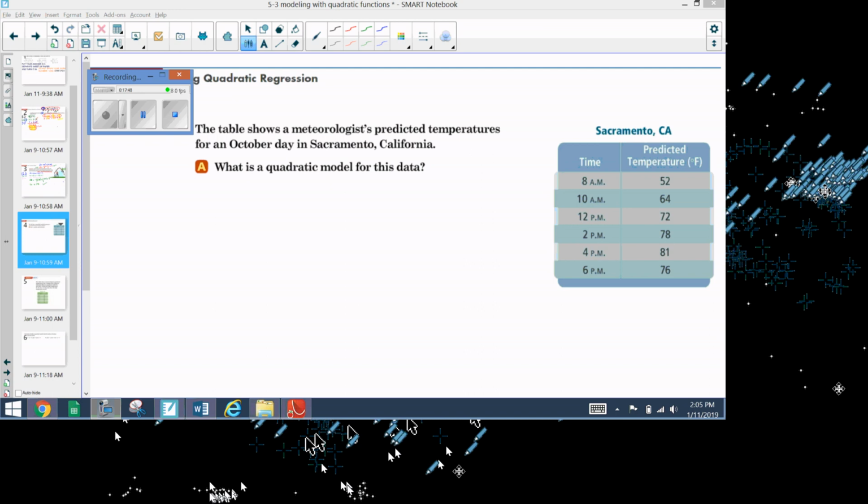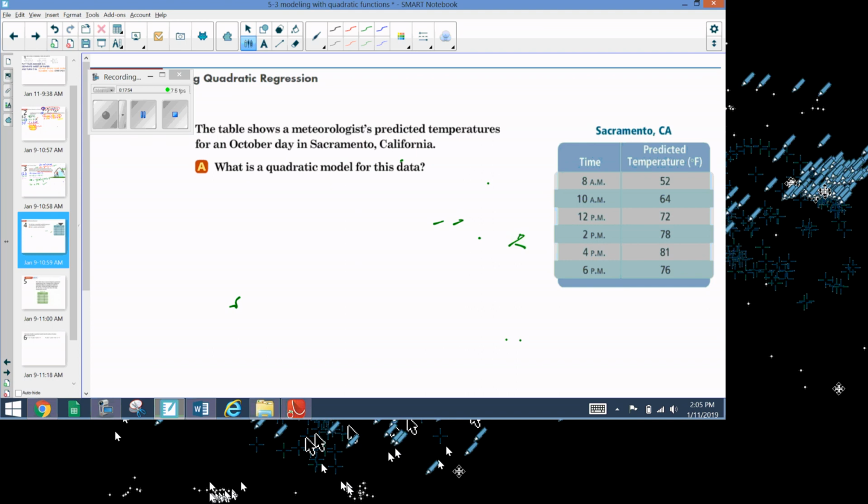For example, this is 8 a.m. Military time means, for example, 8 a.m., 9, 10, 11, 12, and it's not going to be 1. 12, 13.